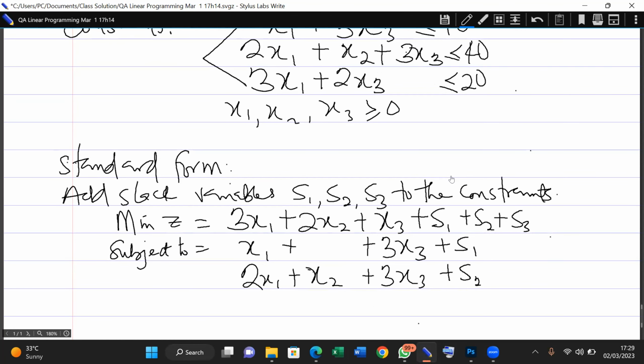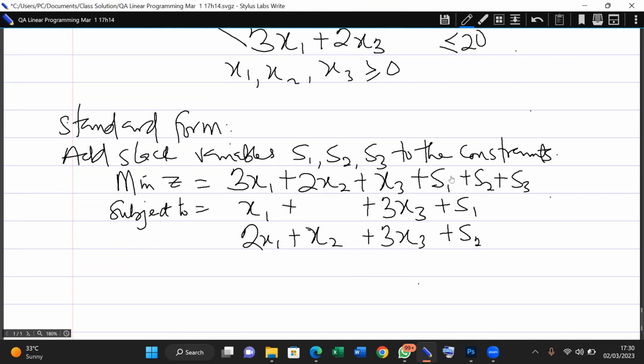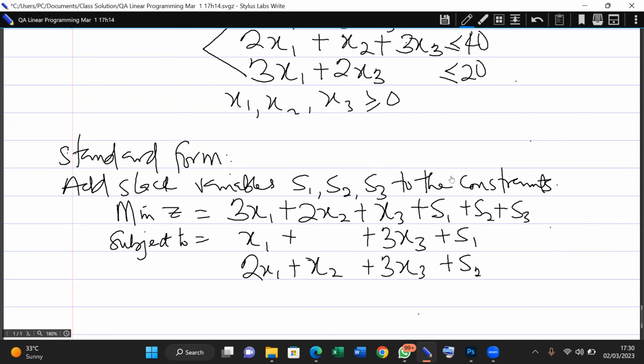We get how we have our S1 and our S2, right? You got how we have our x1 and our x2? If we've gotten that, then we are fine. So the third one is our 3x1.